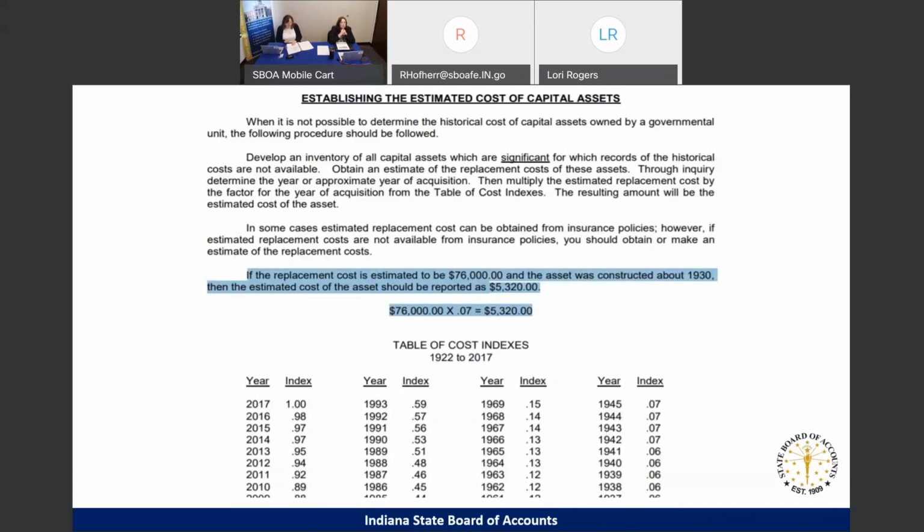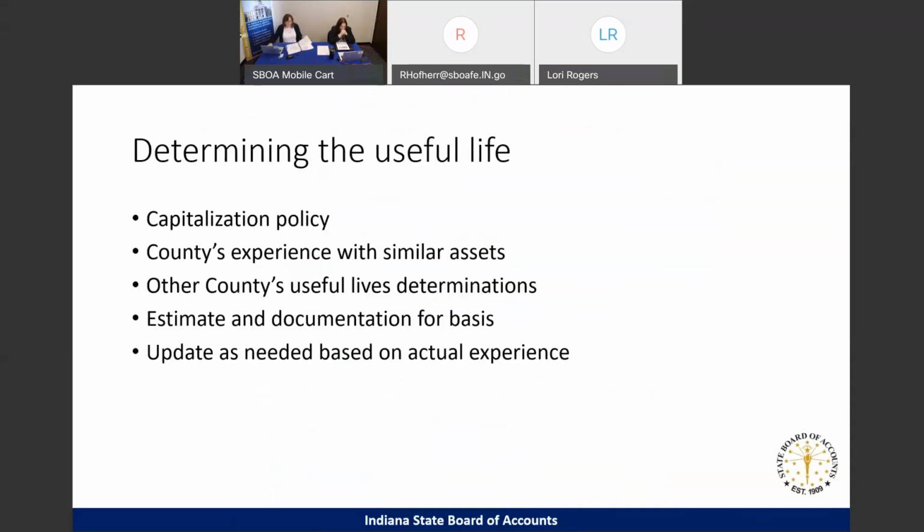So you take the 76,000, multiply that by 0.07, and you come up with a value of $5,320, and that is what you would put as your acquisition cost. And you would keep documentation somewhere of how you came to that $5,320: where you got your replacement cost, that you used this table, and that's how you arrived at that number.